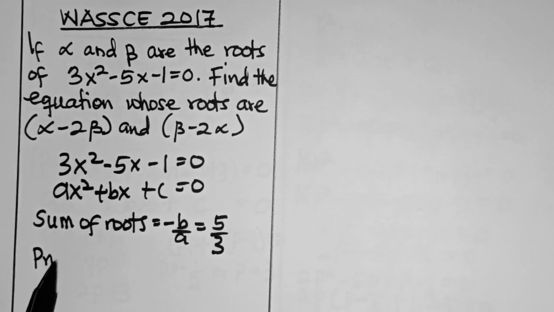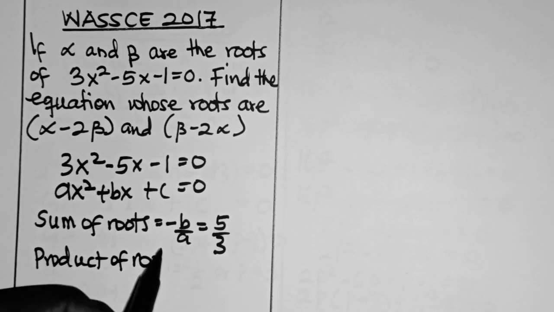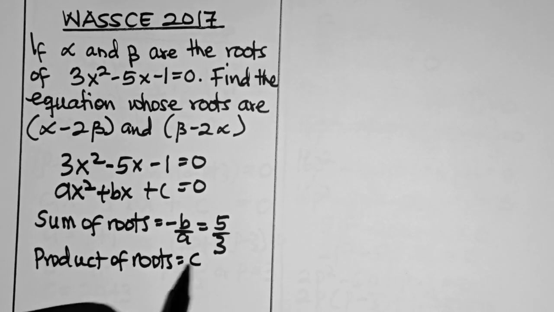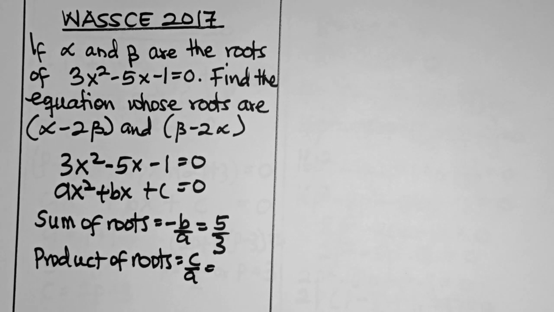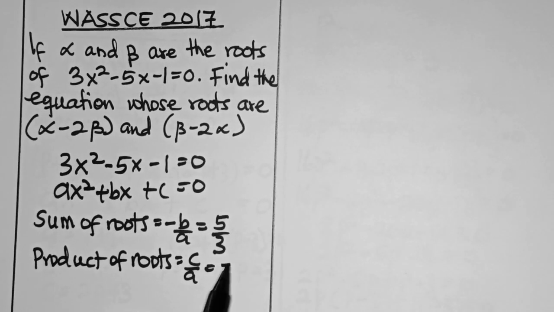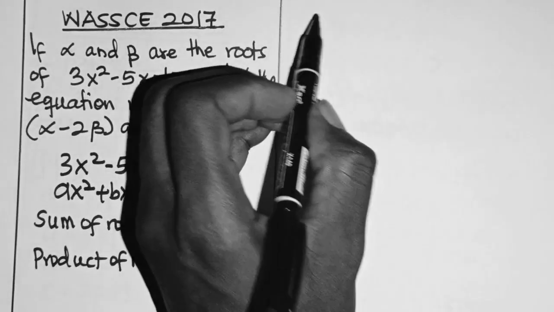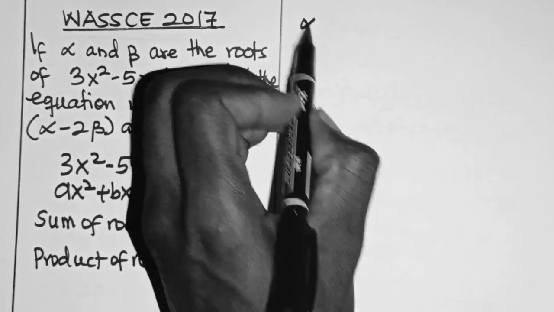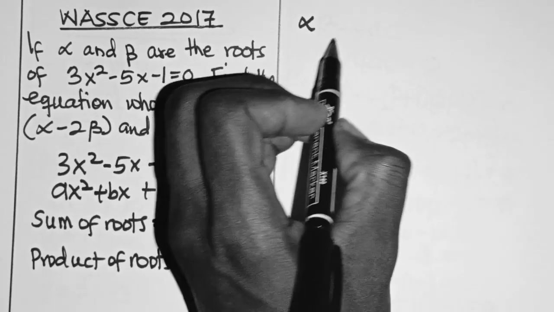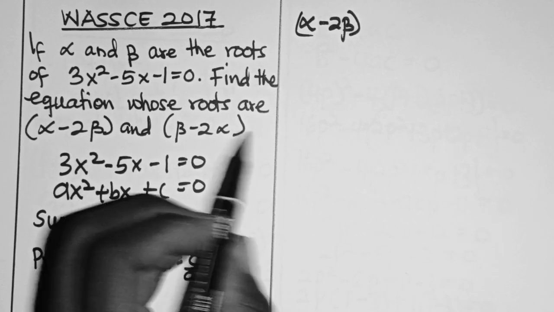And we also have the product of roots. The product of the roots is c over a, and c in this case is minus 1 and a is 3. So that is minus 1 over 3. So the roots of the new equation are alpha minus 2 beta and then beta minus 2 alpha.